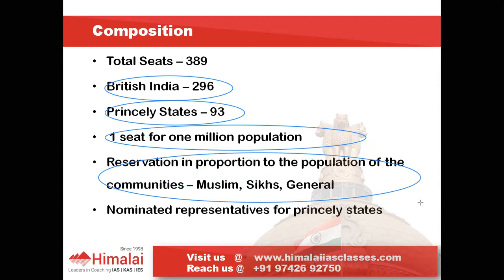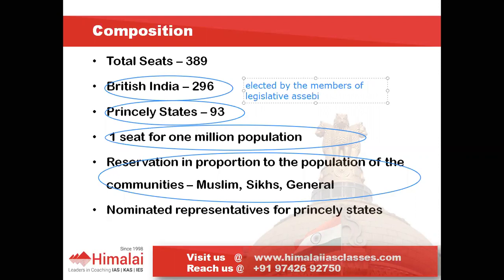Then the people from British India were indirectly elected. Remember, this is a question asked a lot of times: from British India, the members of the Constituent Assembly were elected by the members of the legislative assemblies.